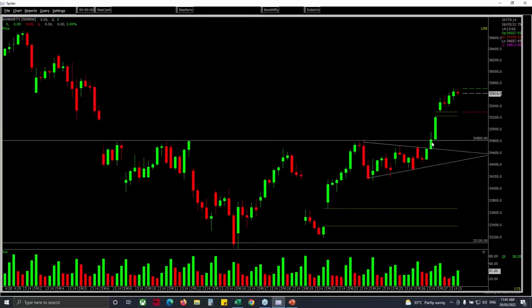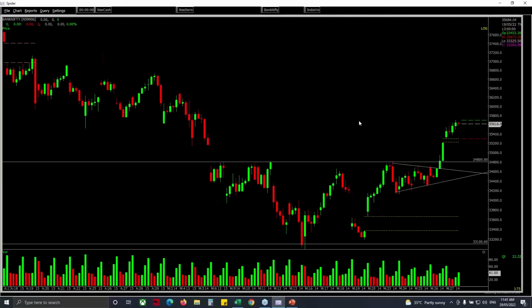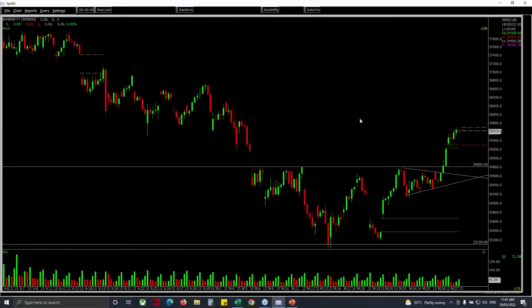And then we got a breakout above that smaller consolidation happening within the larger consolidation, and a further breakout of the larger consolidation as well in our trade charts. So charts are looking bullish.